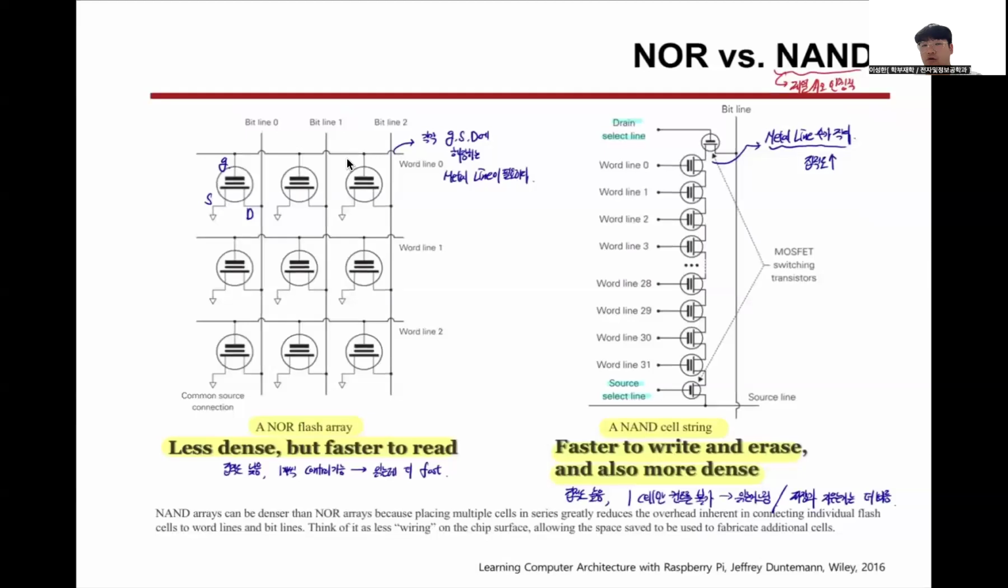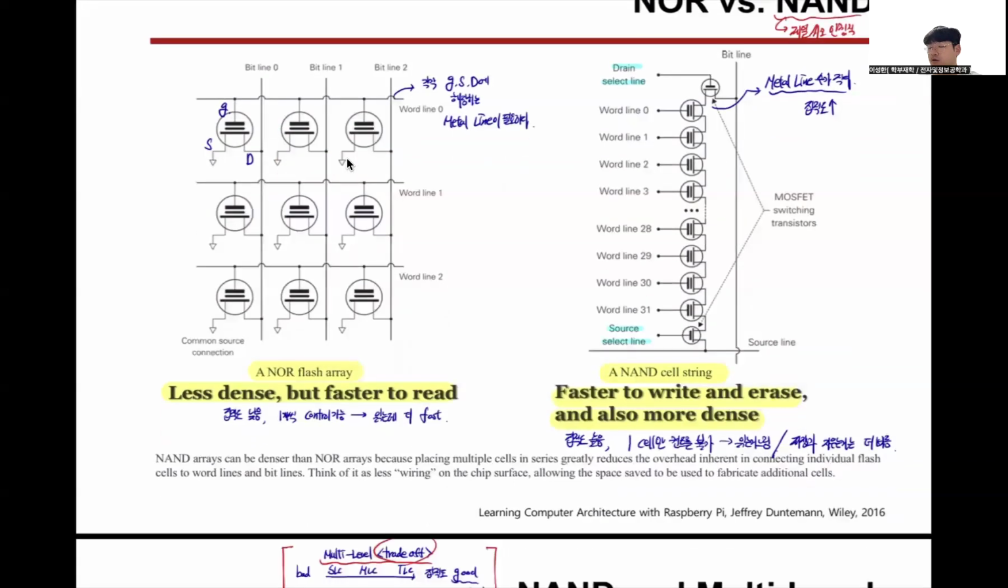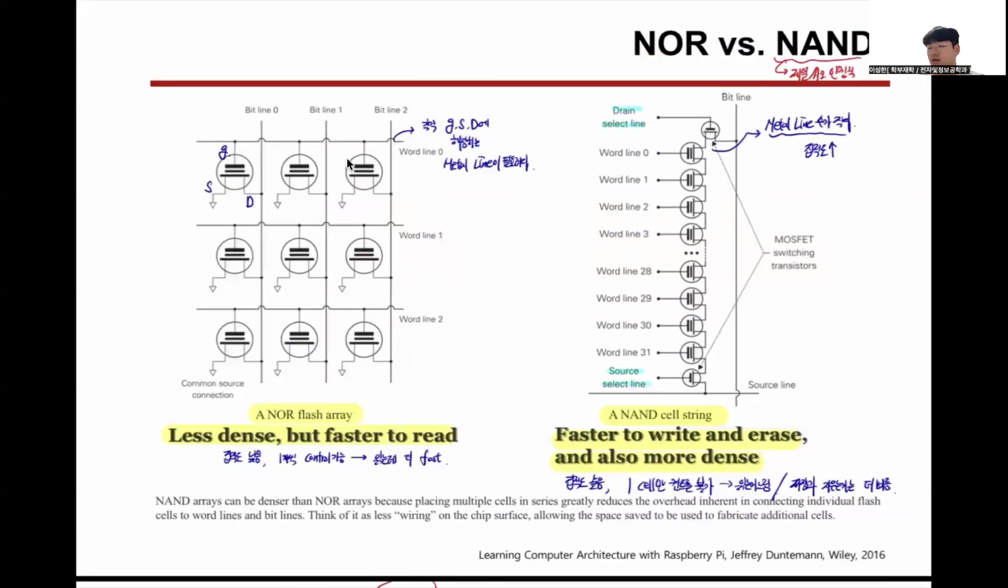And then the NOR and NAND structures: the left is a NOR and the right is a NAND. Each has advantages and disadvantages.